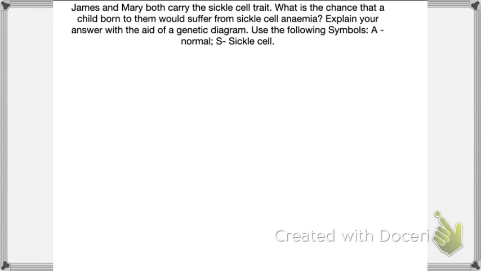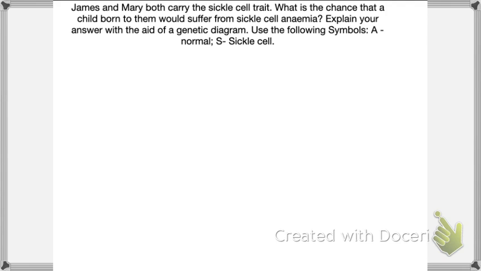Now let's work some CXC questions. So this question is saying, Mary and James both carry sickle cell trait. So they both have the sickle cell trait. What is the chance, that's what we were talking about just a bit, probability, same as chance, that a child born to them would suffer sickle cell anemia?